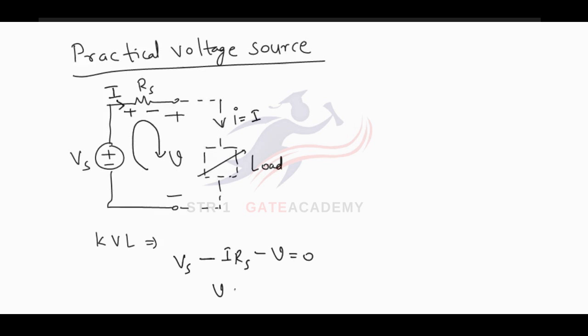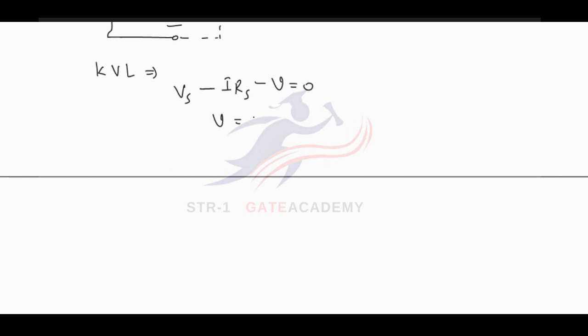Now the load voltage will be V equals Vs minus I times Rs. So what we observe here is that the load voltage varies with load current.